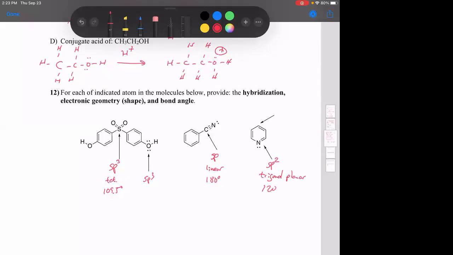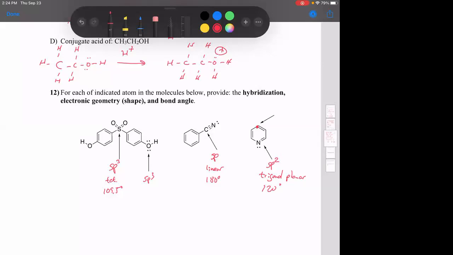Now this carbon up here is tricky. The reason it's tricky is because you're having to do two things. You're having to figure out how many things the carbon's bonded to. It's clearly bonded to two carbons, but don't forget how many bonds are explicitly shown.